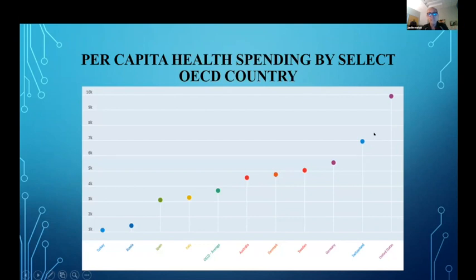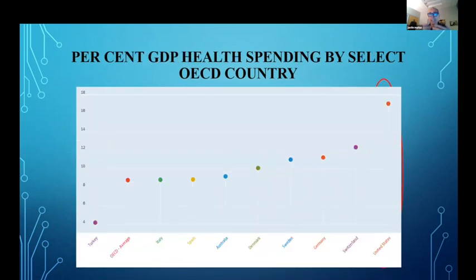So the first slide just depicts healthcare spending by a variety of countries. And you'll notice USA number 1 in spending. This particular measure is per capita healthcare spending. Another way to look at it, and an often cited metric, is percent of GDP health spending.